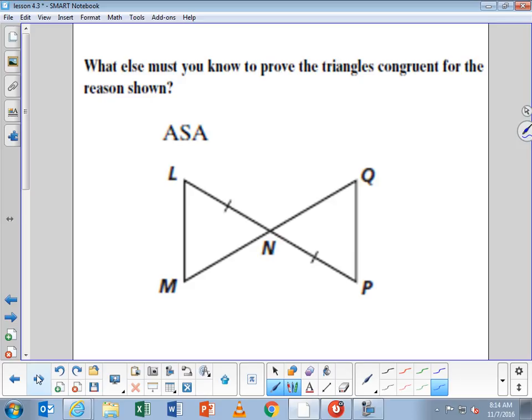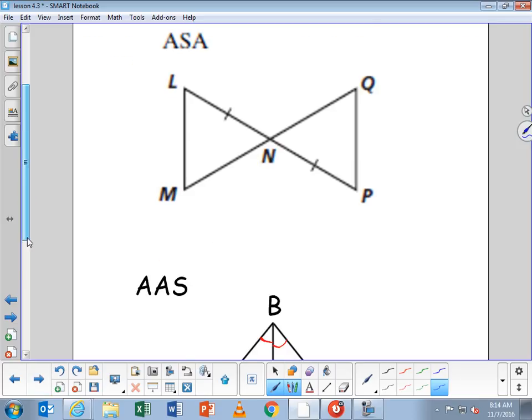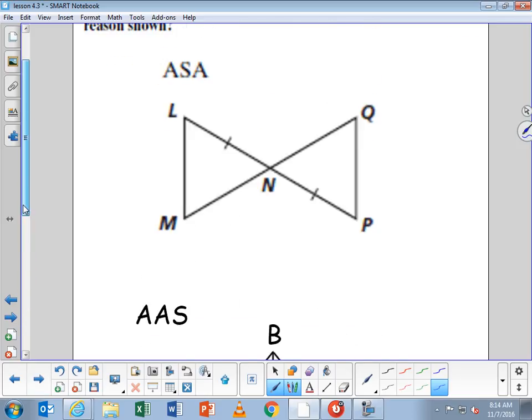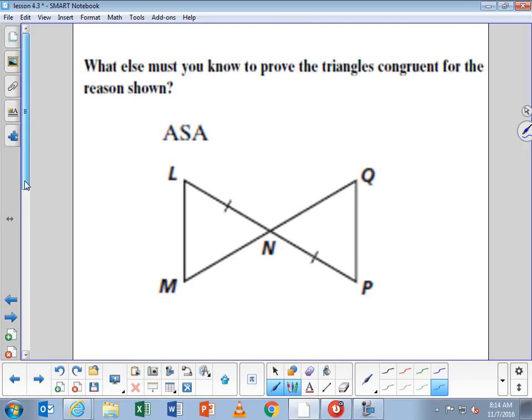What else must you know to prove the triangles congruent for the reasons shown? And there's 2 of them here. And they want us to show that it's congruent by angle, side, angle. So before we actually ask this question, let me ask this question instead.